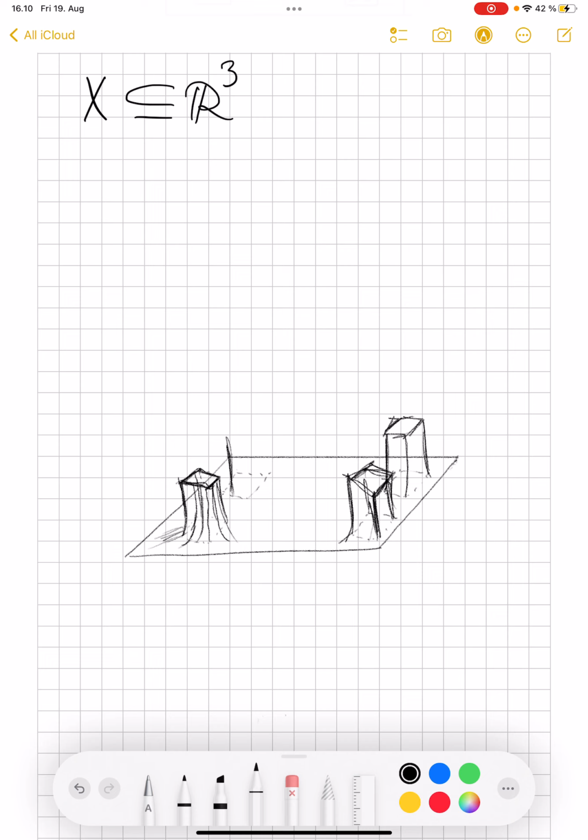So I'm obviously not perfect in sketching, but of course I leave it to your imagination to construct the space, because you will need that imagination now or later.